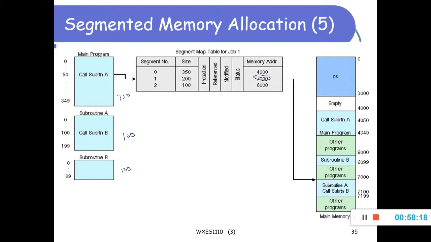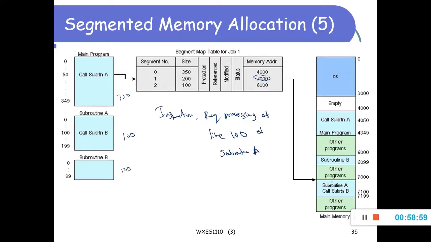Let's say the instruction requests the processing of line 100 of subroutine A. In order to locate that line in memory, it has to add the displacement 100 to 7,000.